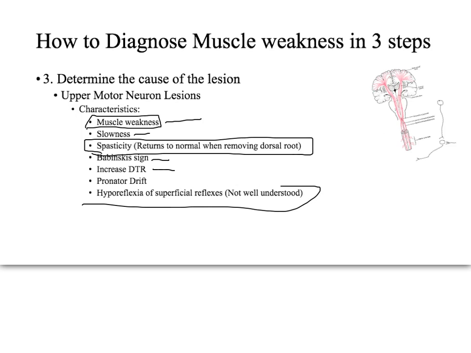And hyporeflexia in superficial reflex. So what does that mean? Superficial reflex is like somebody scratching your stomach or rubbing on your skin in a certain way. One of the main superficial reflexes is the abdominal reflex, where you're basically taking a blunt object, scratching around the belly button, or the umbilicus, and you'll watch, and typically that will cause the abdominal muscles to contract.